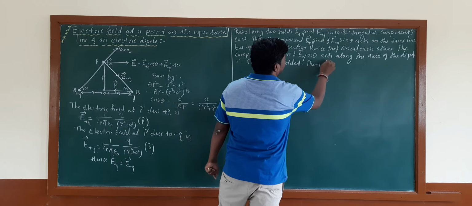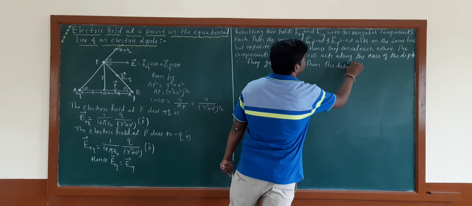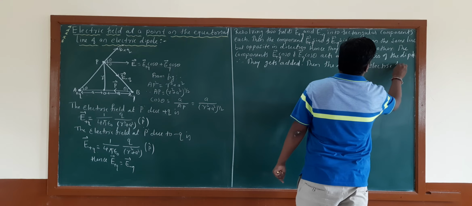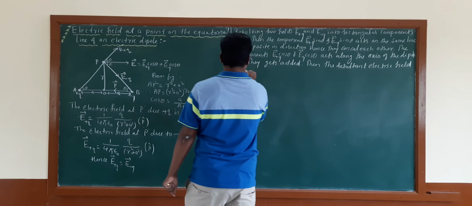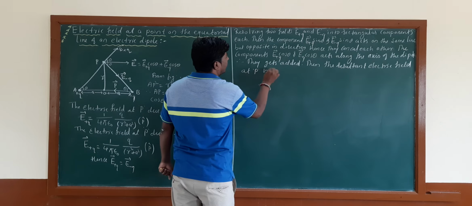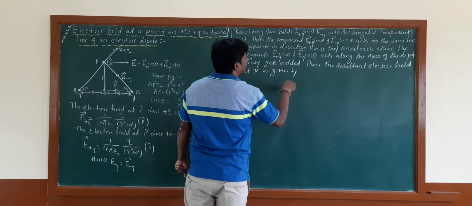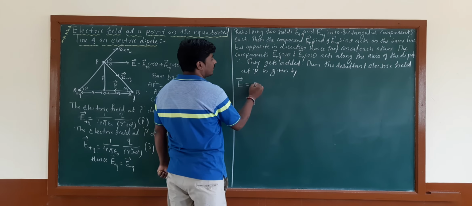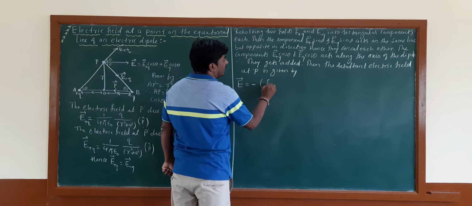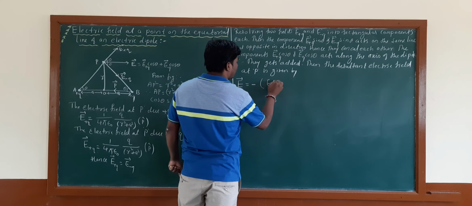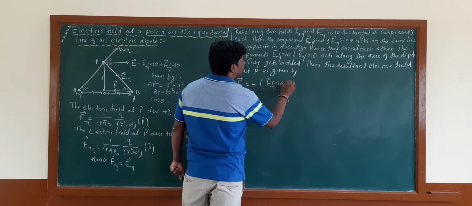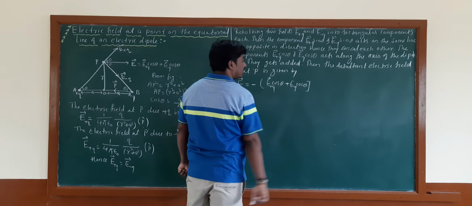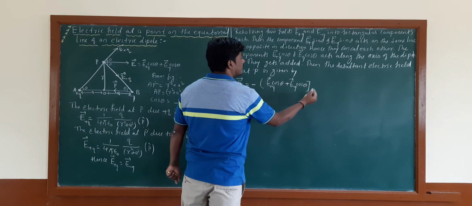Then the resultant electric field at P is given by, this is the resultant electric field, E is equal to, I will write minus, E plus Q cos theta plus E minus Q cos theta, P cap.